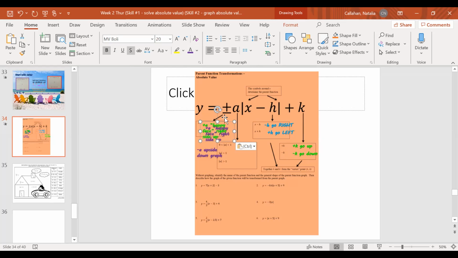Next what we have here is if A is bigger than 1, if A is greater than 1, then the graph is skinny or compressed.